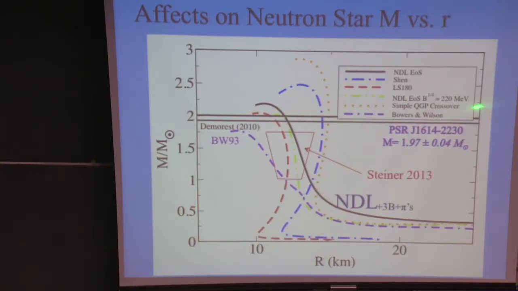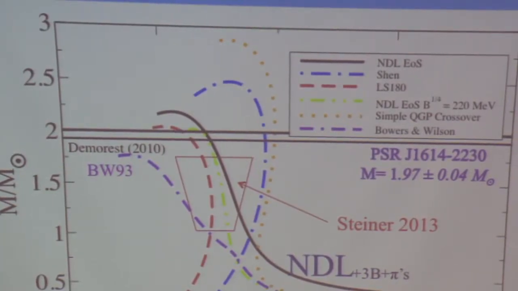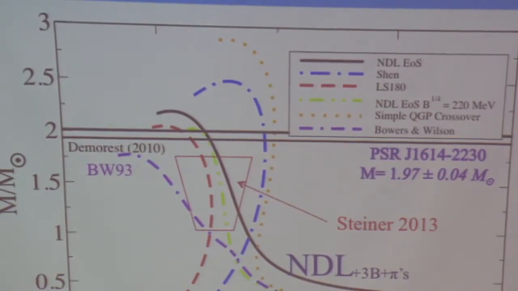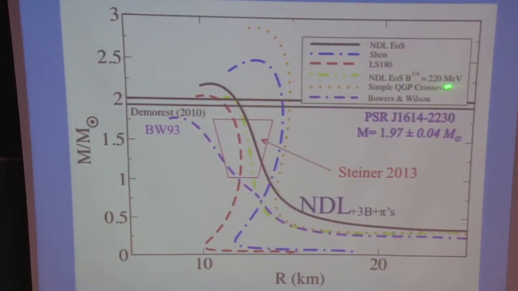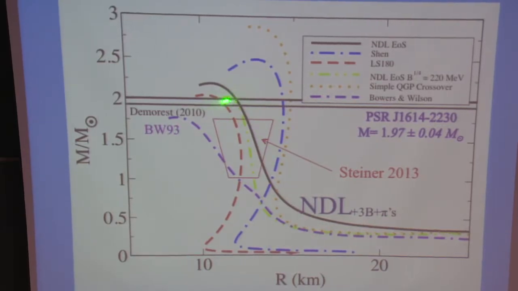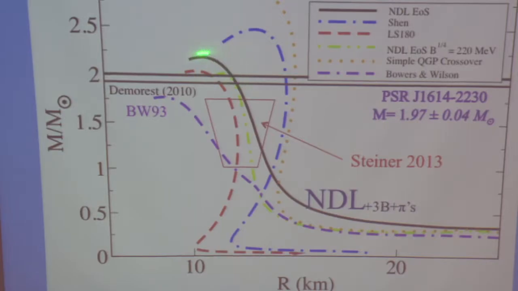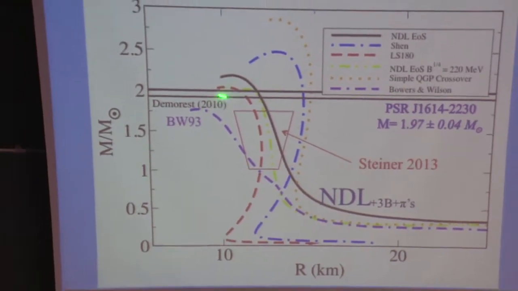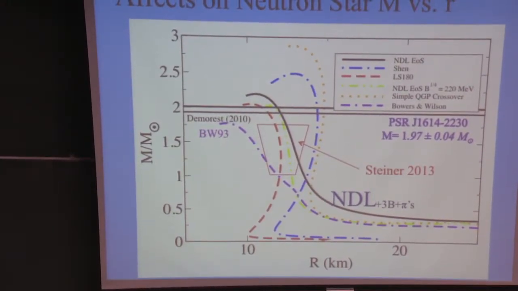If we add a simple crossover QCD transition, then we can get very high. Or if we add one with a bag constant of at least 220 MeV, then we can get up. It actually softened it a little bit to about here. So anyways, we have a favorite QCD transition.